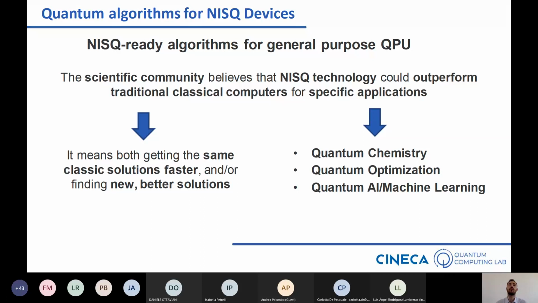So this kind of quantum algorithm, the scientific community believes that this NISQ technology with NISQ-ready algorithms could outperform traditional classical computers for specific applications. Okay, outperform doesn't mean, like for Grover or Shor, to have a speed up.